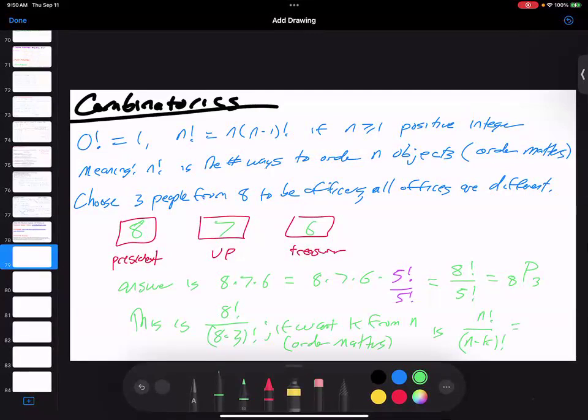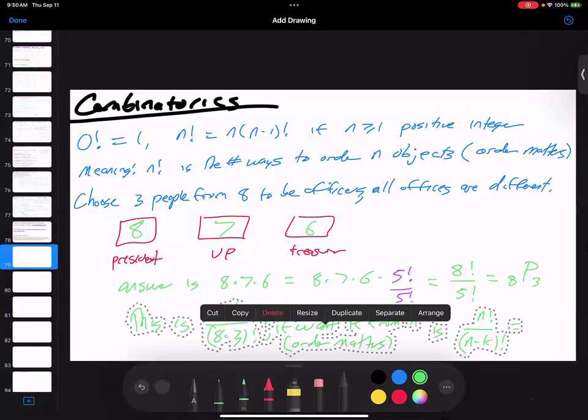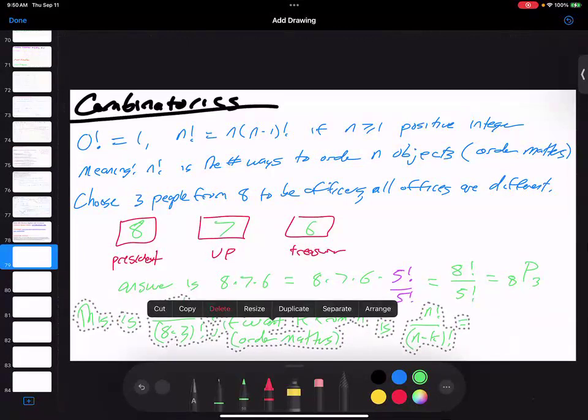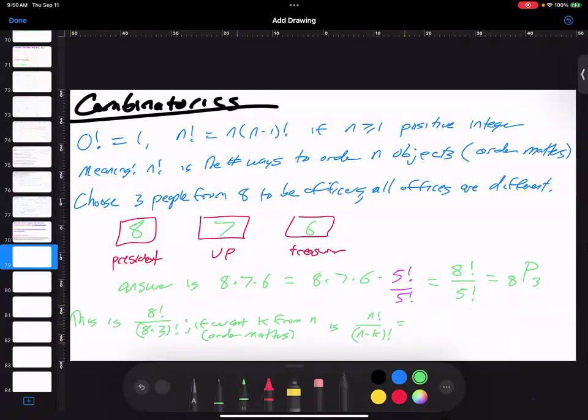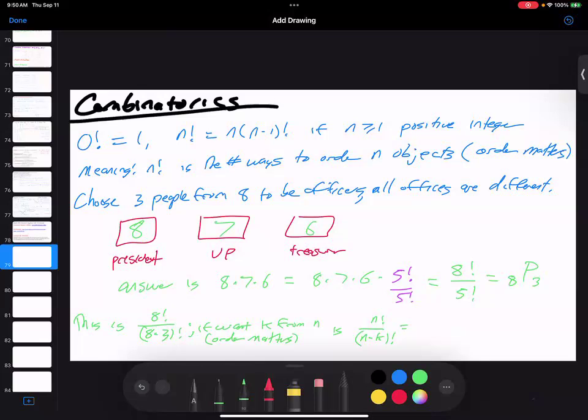And this is coming from n times n minus 1, and if we're choosing k people, we go down to n minus k plus 1, because we really start off with n minus 0.